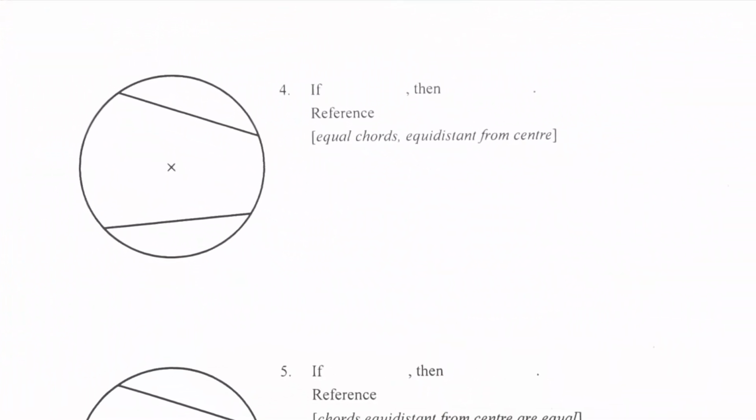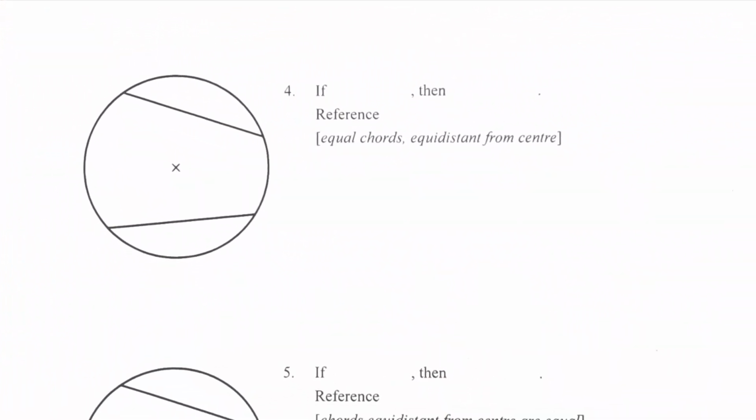Now it comes to the fourth one and the fifth one for this video. They are about the same thing, but just a reverse of the condition and the results, and it's not difficult at all.